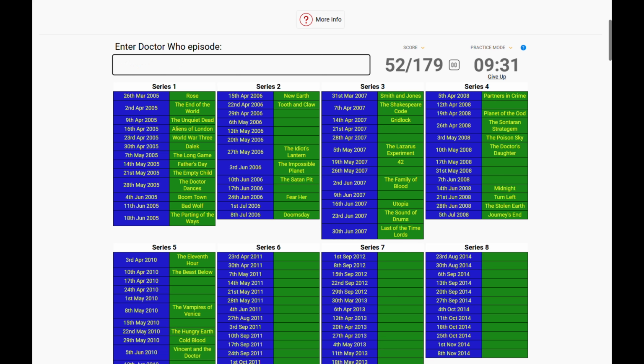Why am I doing all the two-parters in reverse order? Where else do they go before the Beast Below? Where else do they go after the Beast Below?